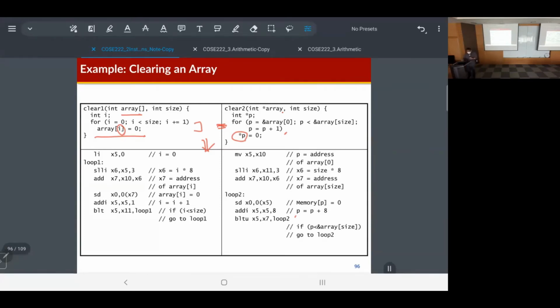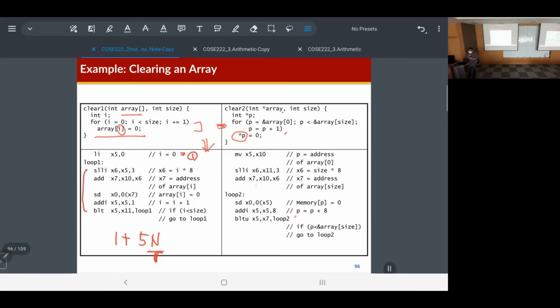Because when this iterative loop is executed, the instructions in this loop are executed. If this function is executed, this is instruction number 1, and as you can see, there are 5 instructions in this loop. So the number of instructions in this program is 1 plus 5n, where n is the number of iterations.